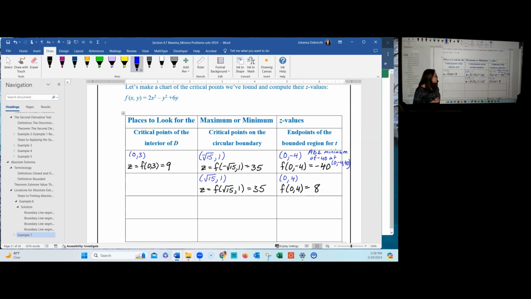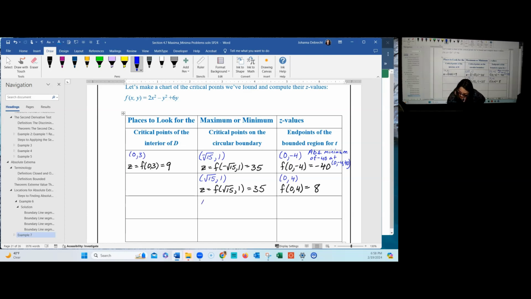What's my maximum? Well, oddly enough, I get the same number twice, 35. 35 is the largest z value that I have, but it shows up twice. That's okay. You still only have one maximum z value, 35, but it occurs in two locations.